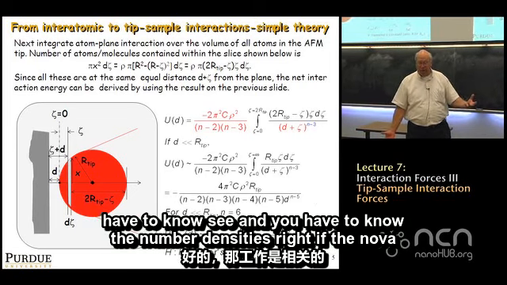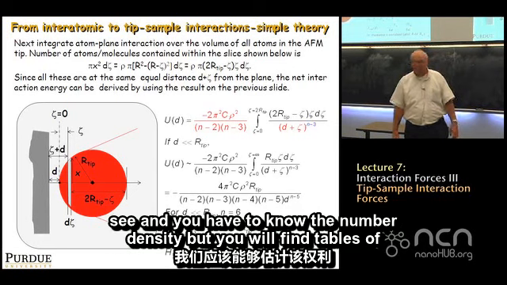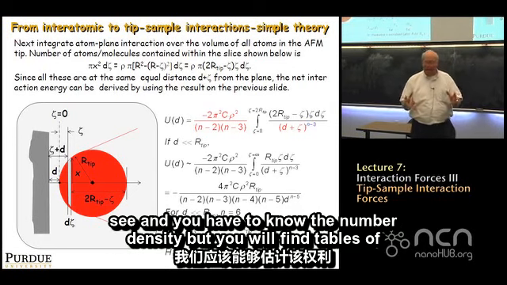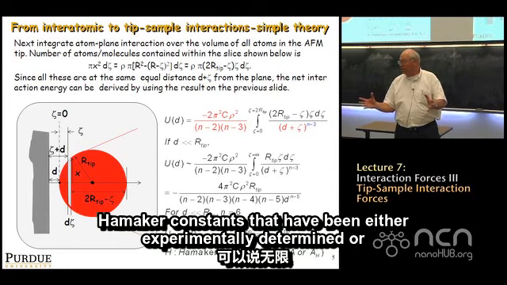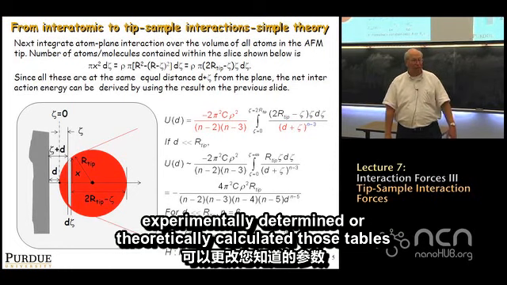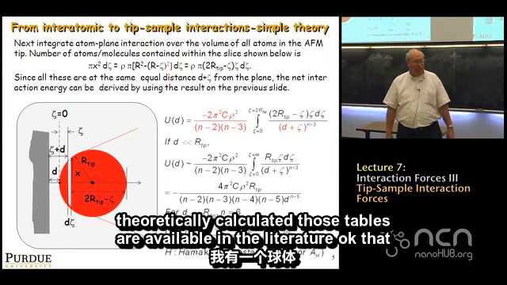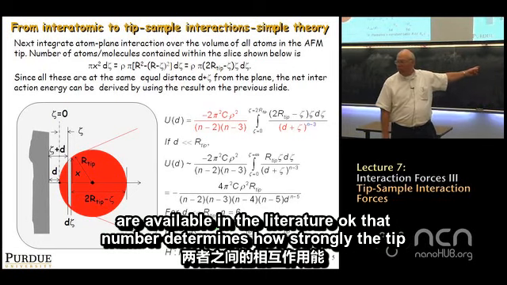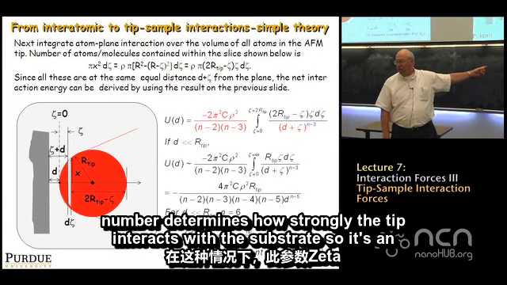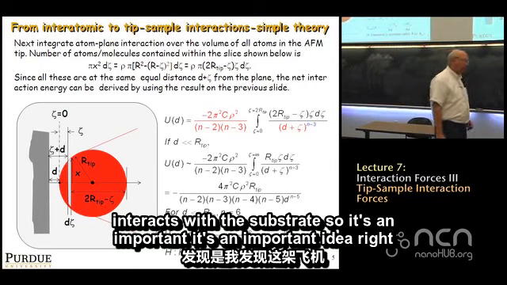But you will find tables of Hamaker constants that have been either experimentally determined or theoretically calculated. Those tables are available in the literature. Okay? That number determines how strongly the tip interacts with the substrate. So it's an important idea.